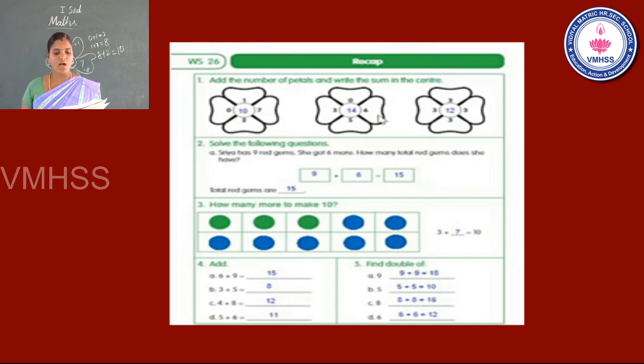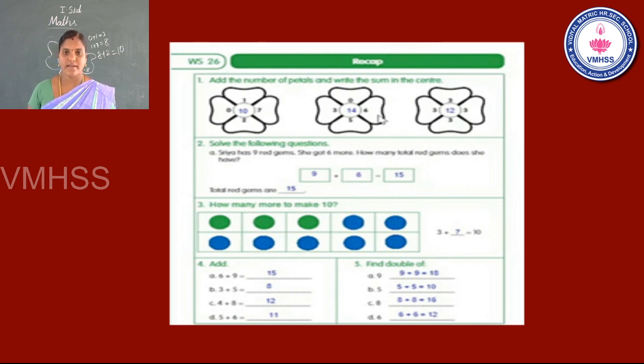Okay, number 2. Solve the following questions. Shriya has 9 red gems. She got 6 more. How many total red gems does she have?